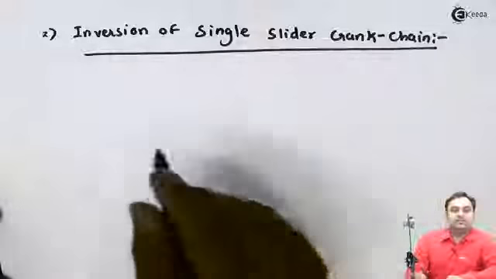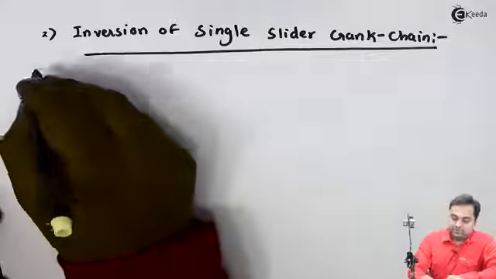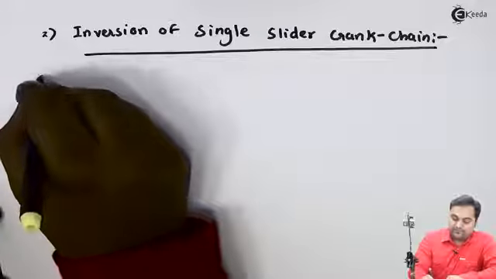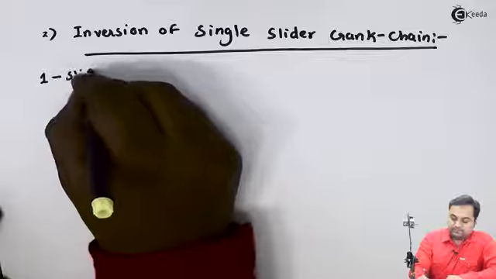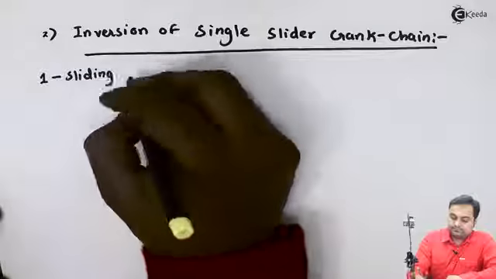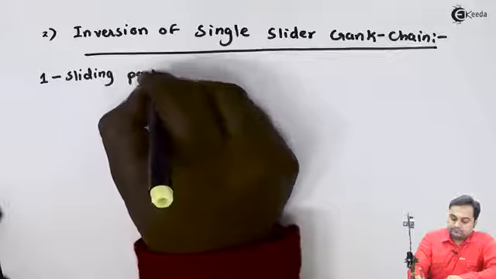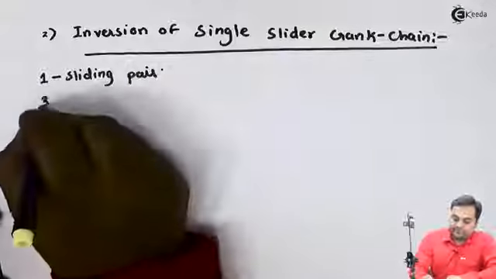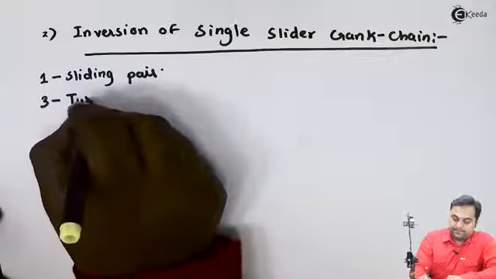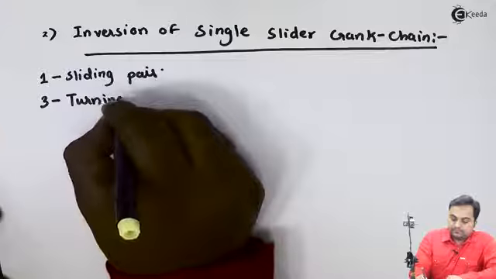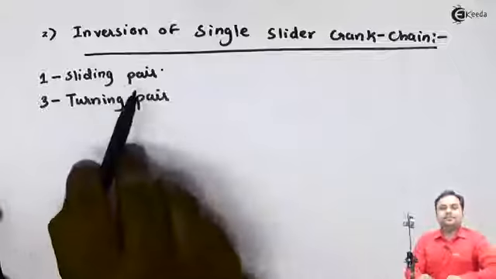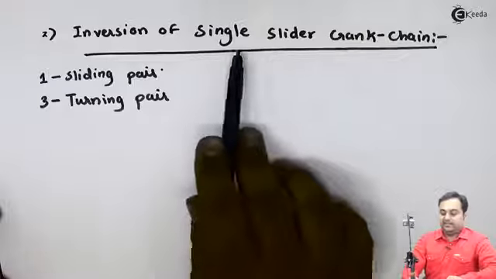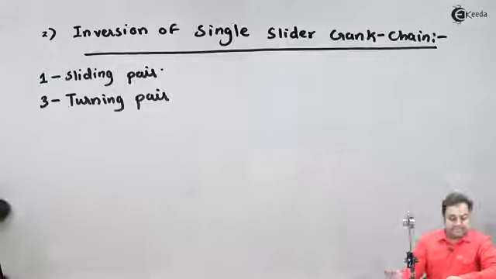In the case of single slider crank chain inversion, here we have one sliding pair and we have 3 turning pairs. So since we have one sliding pair, it is called a single slider crank chain. I'll draw the diagram for this.